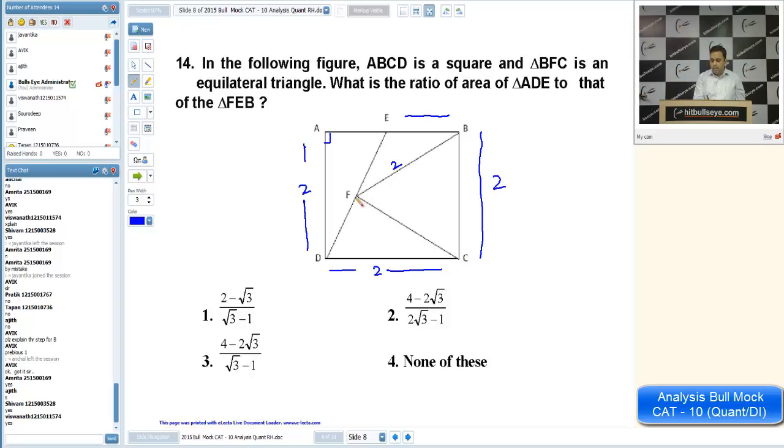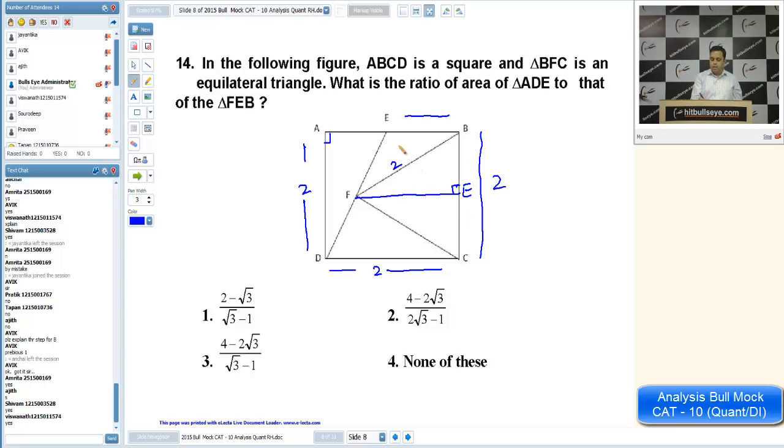So from here, if I draw a perpendicular on BC from F, meeting it at E, then since FBC is an equilateral triangle, this perpendicular FE will divide the side BC into two equal parts. That means E is the midpoint of BC.